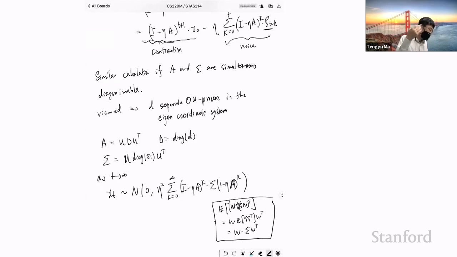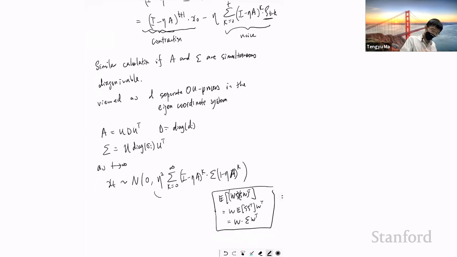And A is a symmetric matrix, so A and A transpose are the same. You can simplify this when you have the eigendecomposition.